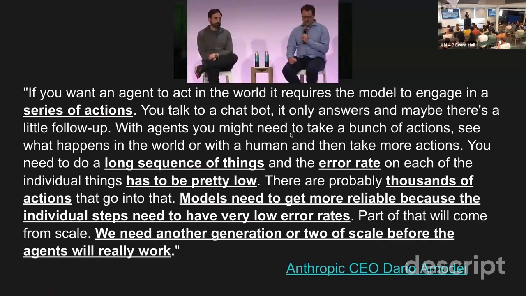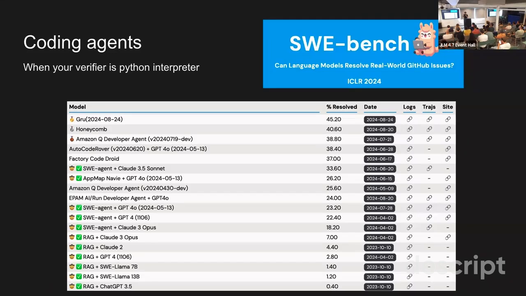Just to let you know, the benchmark that everybody is benching themselves upon is the SWE-bench. It's basically real-world GitHub issues. You have a repo and you have a bug, and to fix the bug you need to change more than one file, more than one function, more than one class. It's complicated.